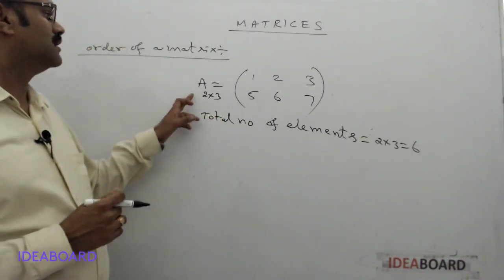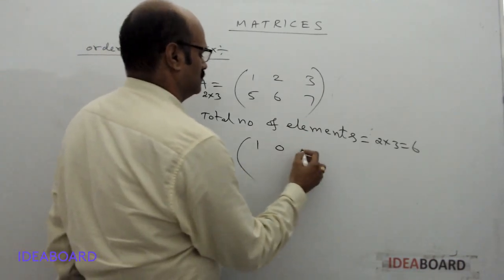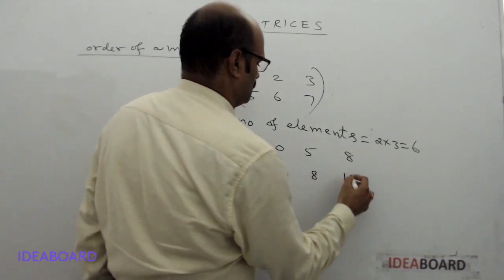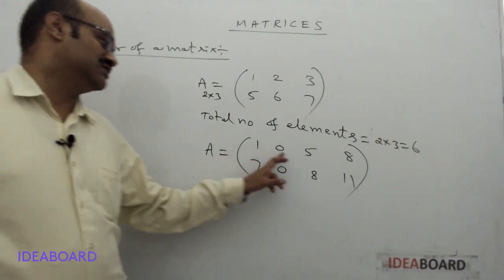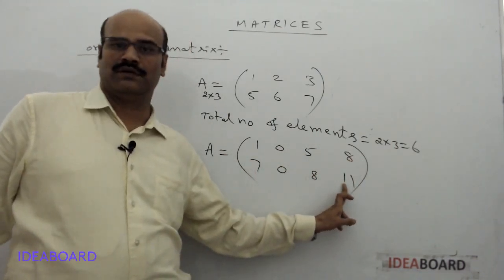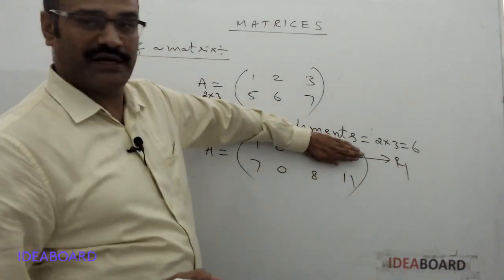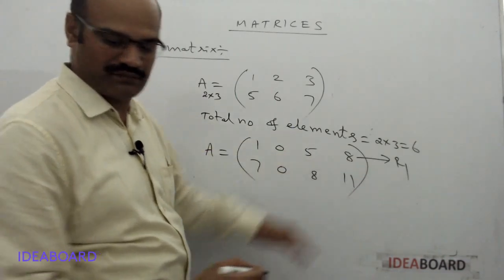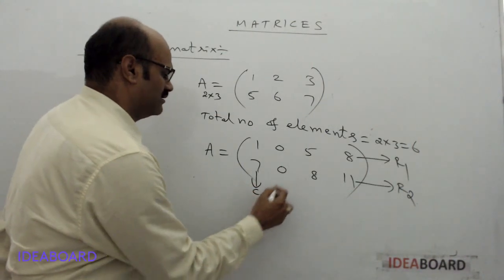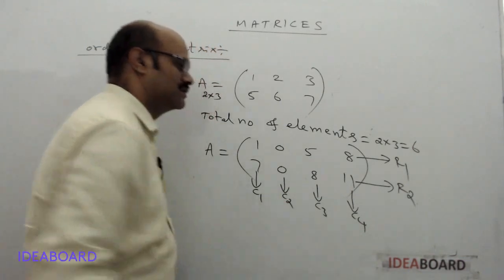Suppose if you take the matrix A equal to 1 0 5 8, 7 0 8 11. Here we are having 2 rows. This is R1, first row, and this is second row. Next, this is C1, C2, C3, C4.